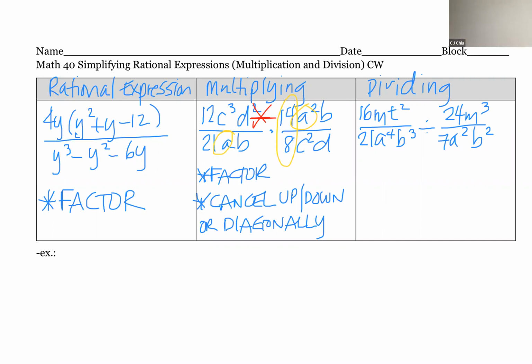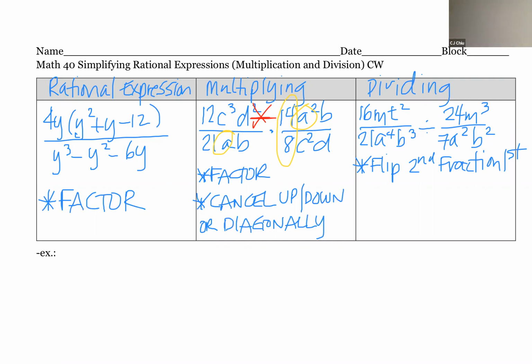Before you do anything, you have to flip the second fraction, okay? I mean, you can do this in any order, factoring or flipping, but if you have division, flip the second fraction first, okay? Because you might forget, okay?